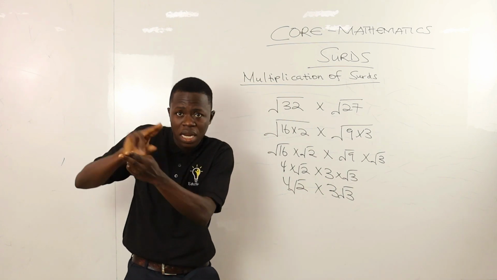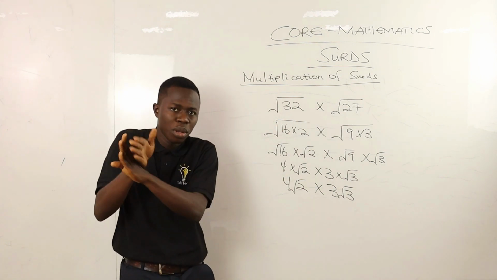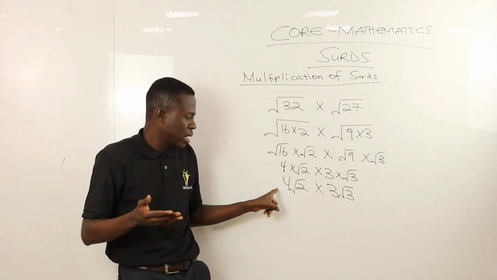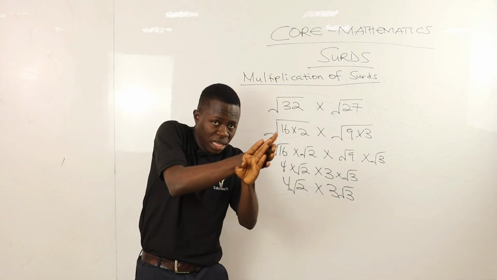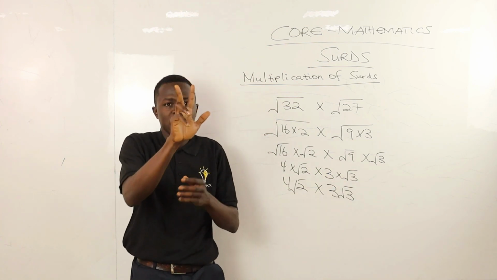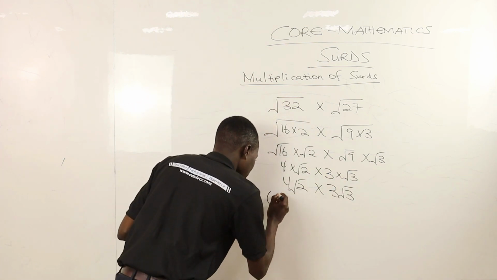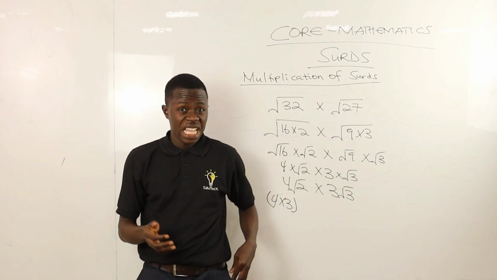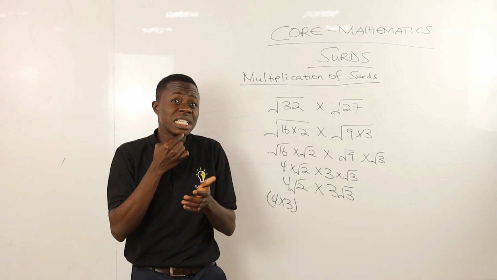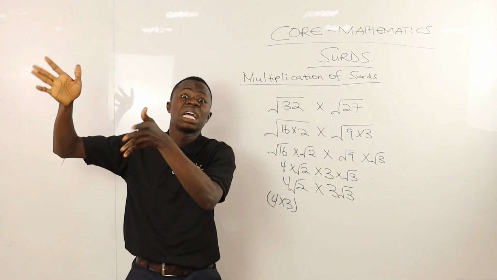First, we look at the numbers outside the square root sign and multiply them. So the numbers outside the square root sign are, yes, 4 and 3. So we multiply them. So we are going to have 4 multiplied by 3.